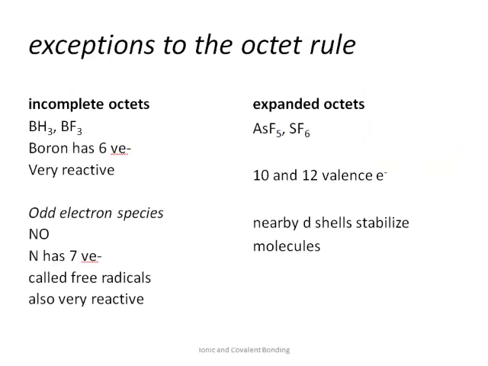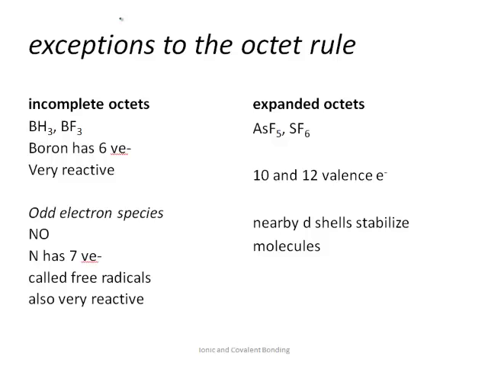Okay, finally, the last thing we want to talk about is exceptions to the octet rule. We already showed one with the sulfate polyatomic ion having an expanded octet, and these do occur in varying degrees in nature, and of course we'll come across them from time to time.